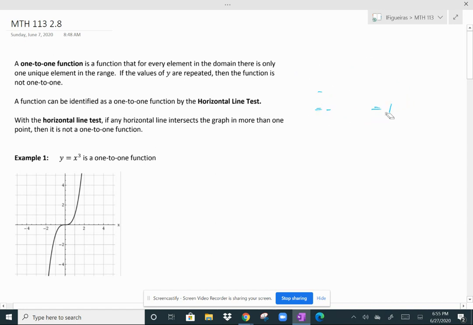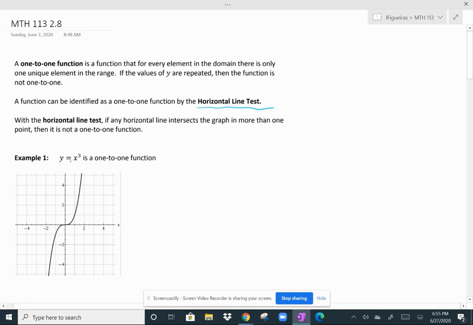Another way to identify a function as one-to-one is graphically. A function can be identified as one-to-one by something called the horizontal line test. That is not the same as the vertical line test that we've talked about in previous lessons. With the horizontal line test, if any horizontal line intersects the graph in more than one point, then it is not a one-to-one function.